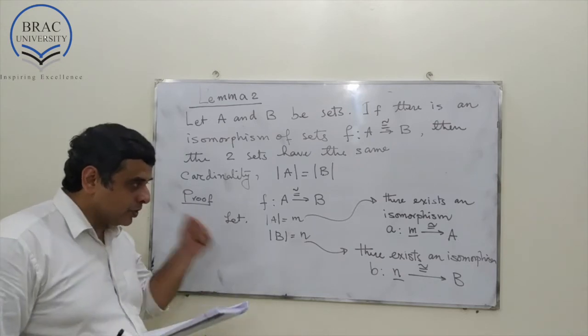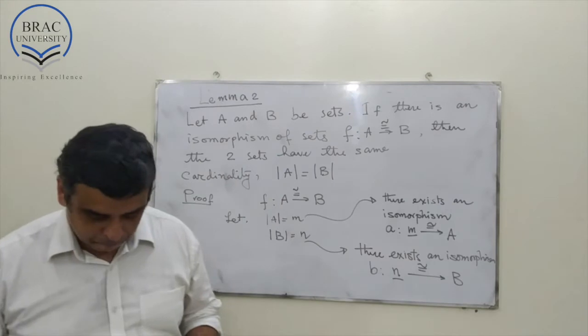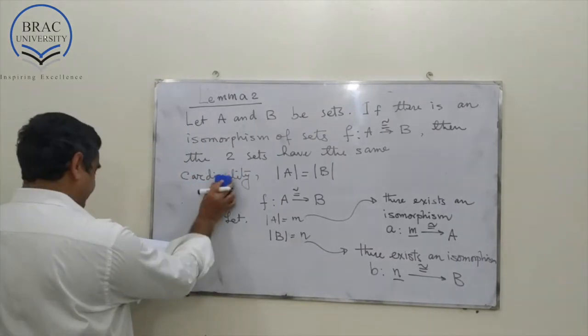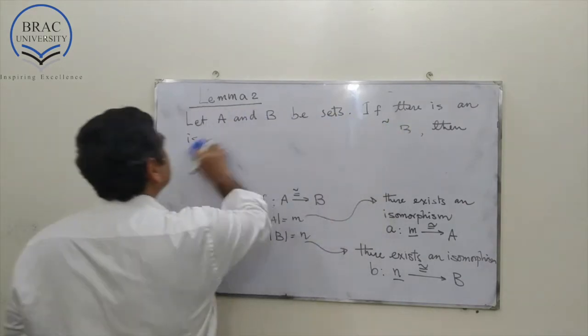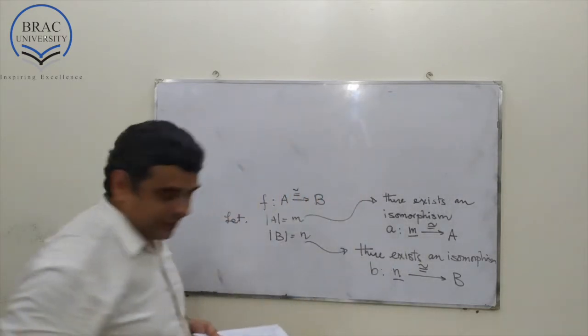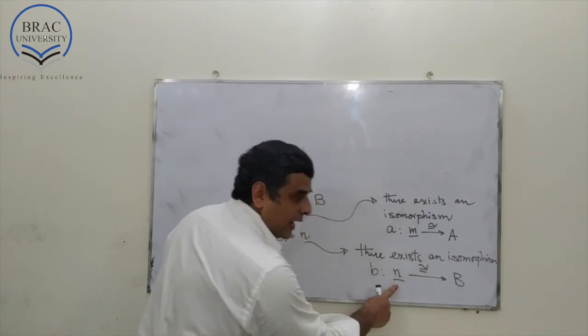Now, using the second statement of lemma 1, we see that B is also isomorphic to underbar n.